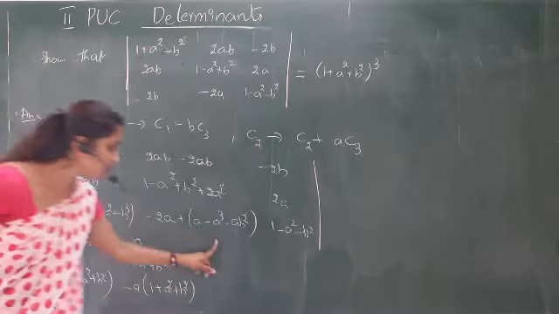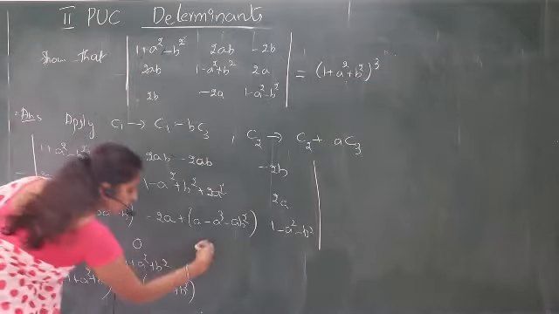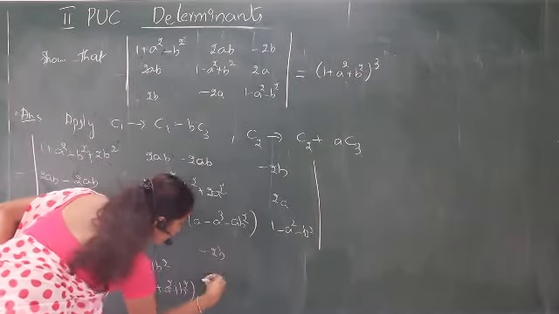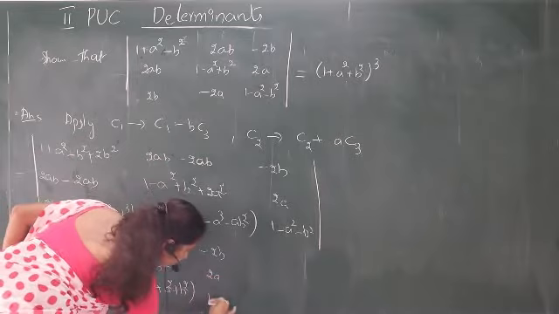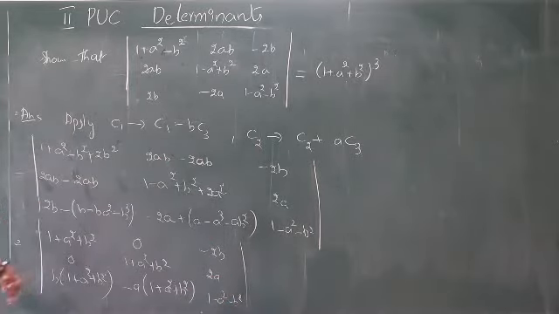Then here it is 2B, 2A, 1 minus A square minus B square, minus 2B, 2A, 1 minus A square minus B square as it is.